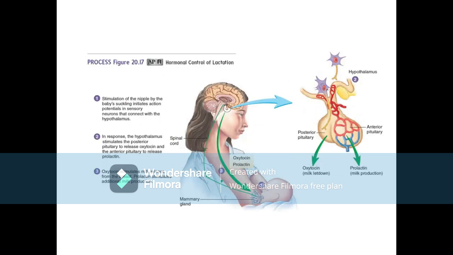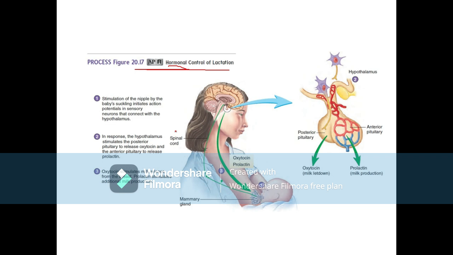But when we talk of oxytocin, we talk about it in the letdown reflex. In the milk letdown reflex, a stimulus from the breast that is due to suckling inhibits the release of PRL inhibiting factor. And when this inhibiting factor is not released, it causes a surge in the PRL, which increases milk production.